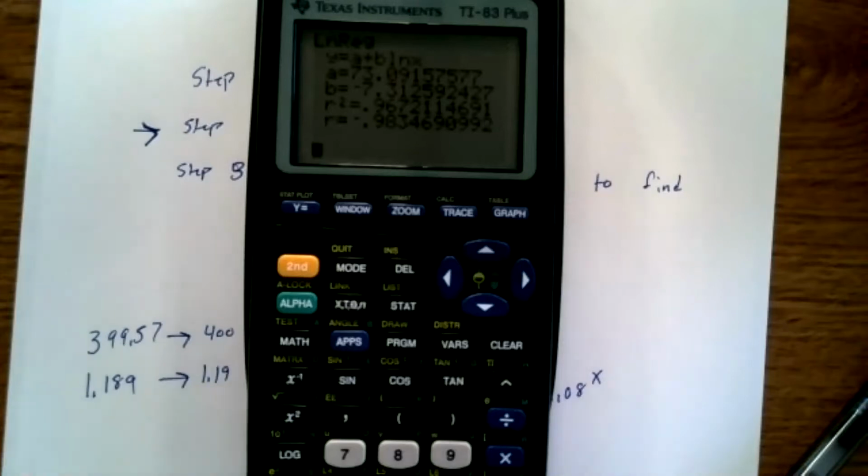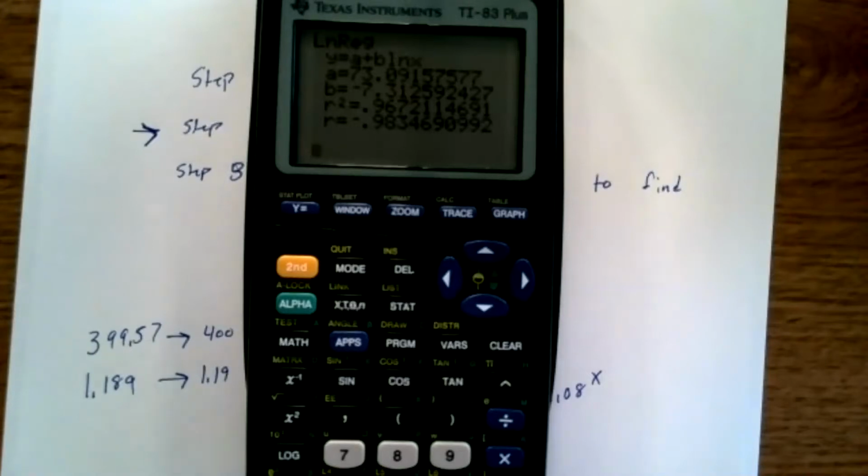Okay, and you can see my two values, A plus B times the natural log of X. So I'm going to make note of that. So that's 73.09 minus 7.31 times the natural log of X. So you can see the A, B values there.